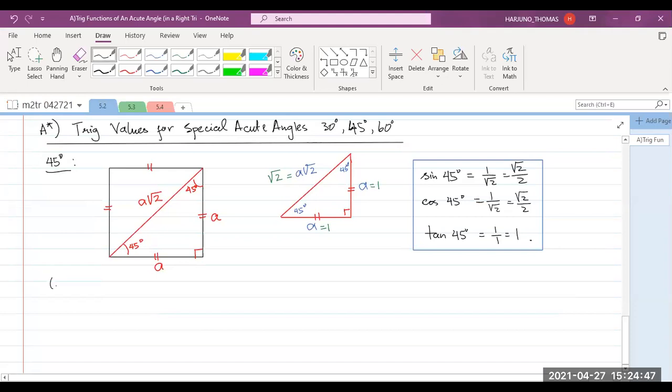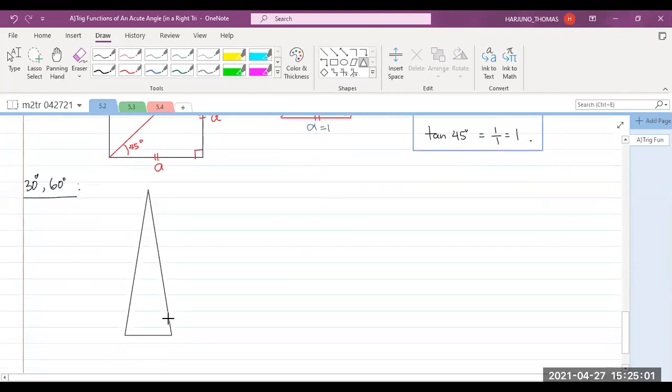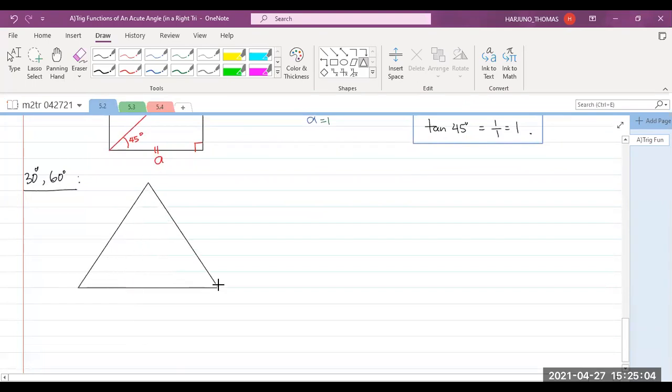Next, for the 30 degrees and 60 degrees triangle, they actually come from an equilateral triangle. So imagine we have an equilateral triangle. Of course, because all three sides are congruent, then the opposite angles are also congruent. That forces the interior angles to be 60 degrees.